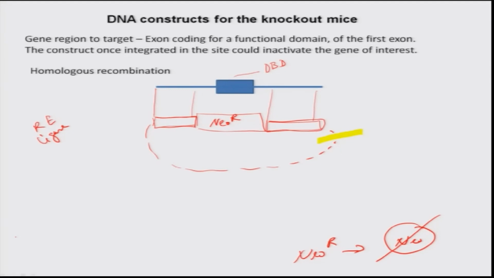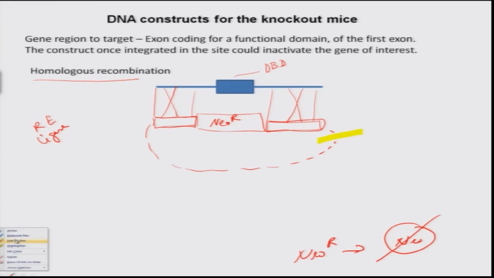So, this DNA gets in there, and once it gets in, you expect a process called homologous recombination, something that is shown here. You may expect homologous recombination happening here and here between the homologous sequences, just the way we discussed in meiotic recombination. In somatic cells, although very rarely, such events happen. So, if that happens, what do you expect?